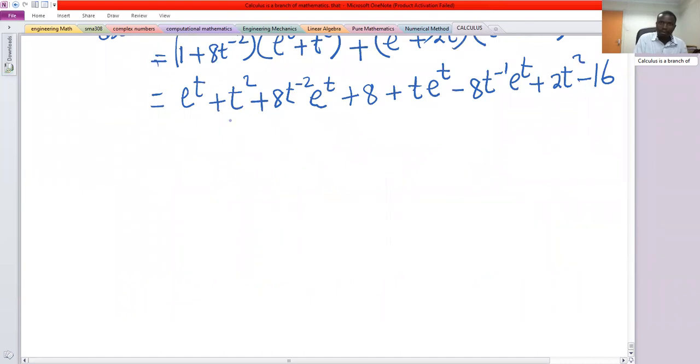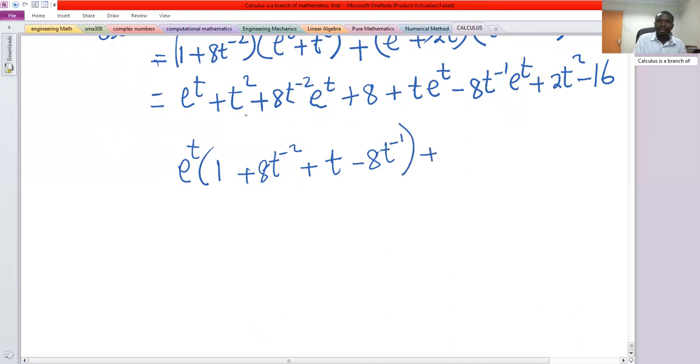So I have e raised to power t, this will be 1, and then plus 8 t to the minus 2, and then plus t, and here I have minus 8 t to the minus 1, and then plus t squared plus t squared is 3 t squared, and then 8 minus 16 is minus 8.